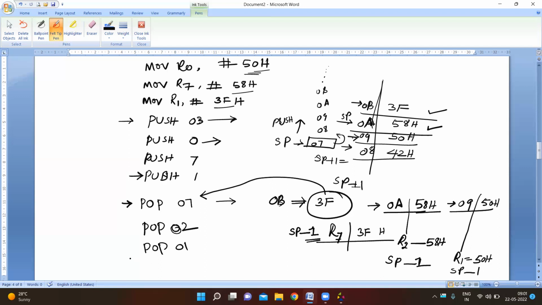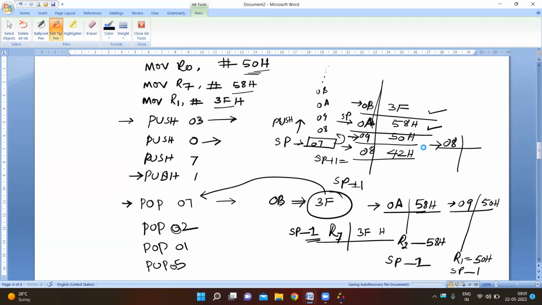Next, if I write a pop 05, right? Pop 05, first initially it retrieves the data from the stack pointer. Now the stack pointer, previously it was 9, decremented by 1, so therefore it becomes 08H. Stack pointer is pointing to location 08H.